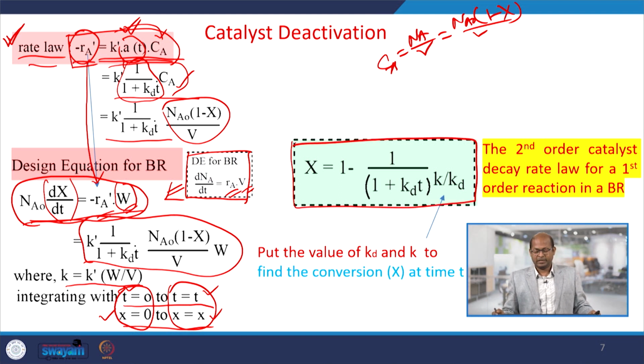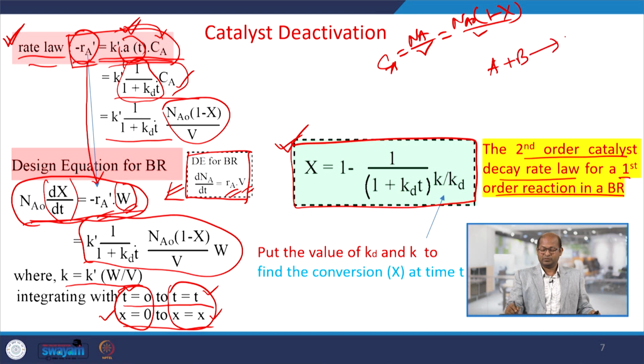This is the second order catalyst decay rate law for first order reactions in a batch reactor. Here the reaction, let us say, is A plus B going to C plus D, and this is the reaction rate.